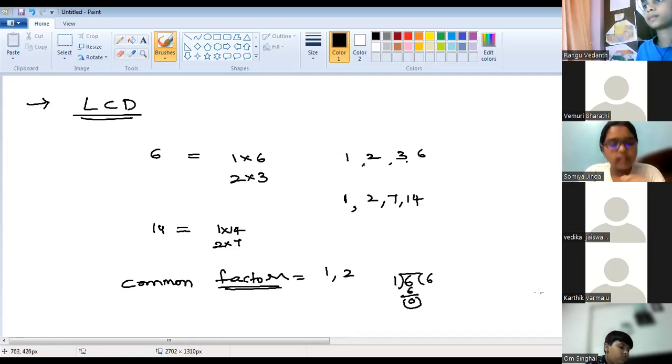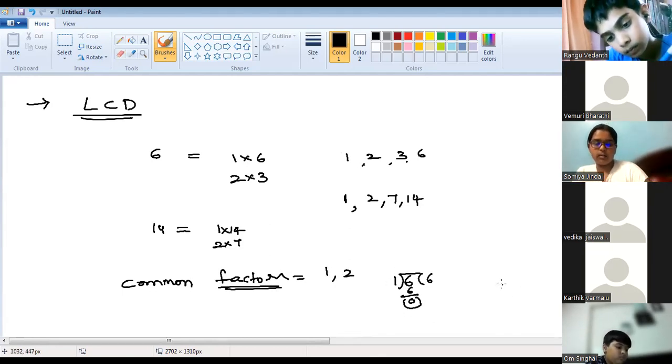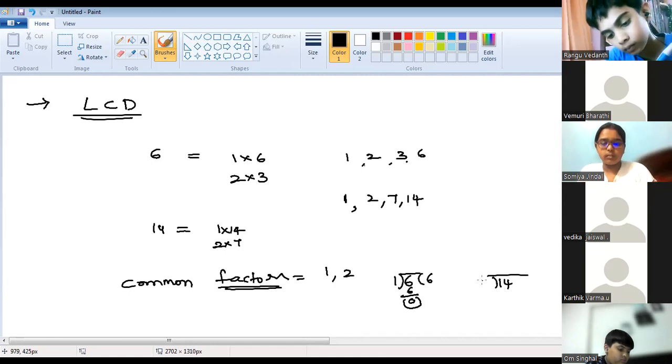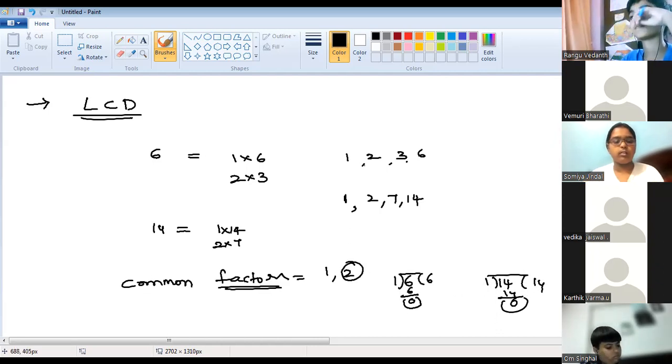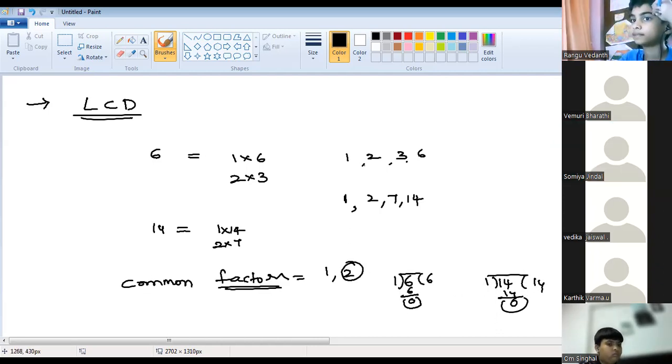Not only 6, children, 14 also is exactly divisible by 1. That's why 1 is a common divisor for each and every number. 1 times 14 is 14. This is very clear. Coming to the other factor: what is another factor here? 2. 2 times how many is 6? 2 threes are 6. 2 times how many is 14?